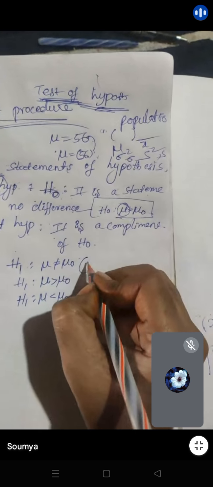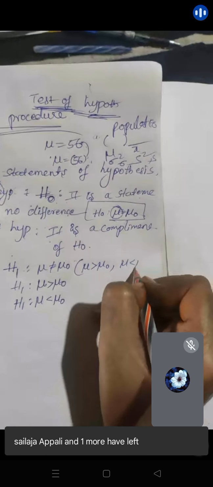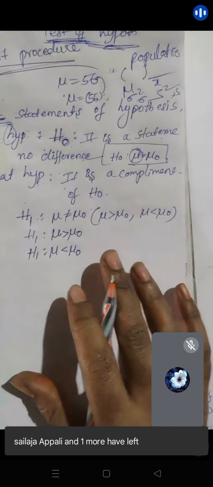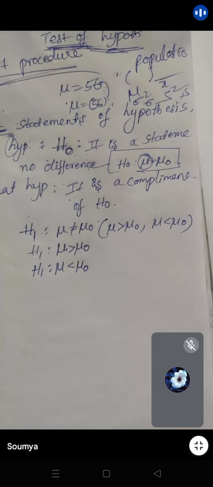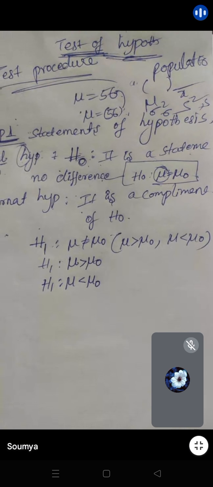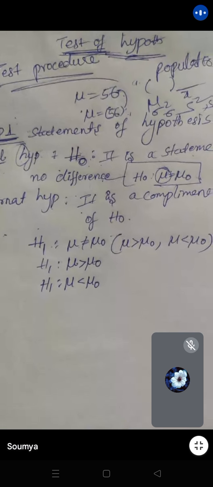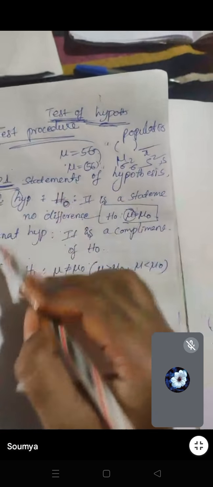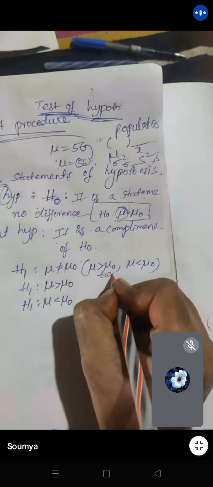If mu is not equal to mu naught, that means either mu greater than mu naught or mu less than mu naught. You have to learn this procedure because you have to write these statements in each and every problem. So this is called two-tailed.